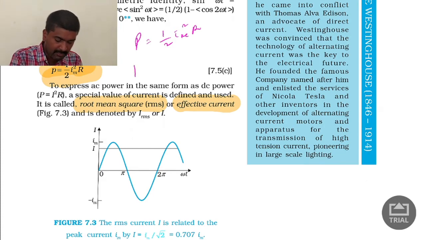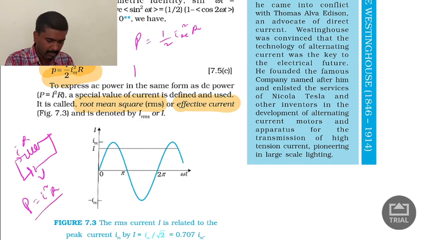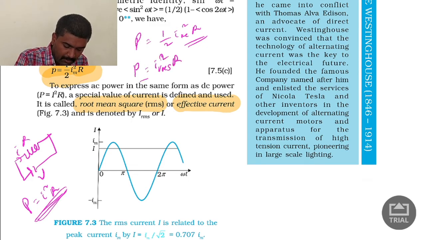If I connect a direct current to the resistor, then power dissipation will be I square times R. Let us write the same thing in this format: power equals IRMS square times R.